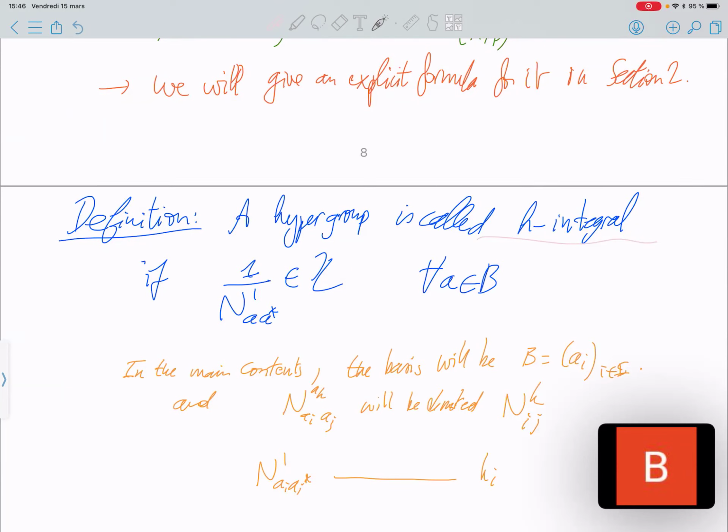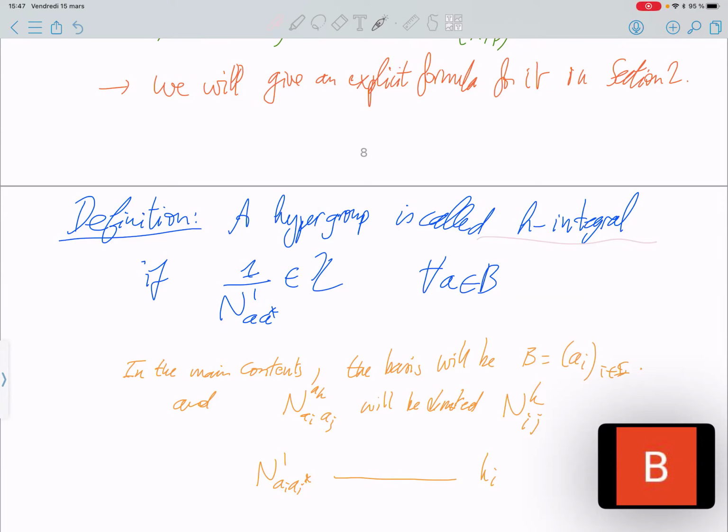So because H integral is always satisfied at the categorical level, in some sense, what was proved at the level of category, in fact, now is proved at the level of ring. The statement is no more proper to category.